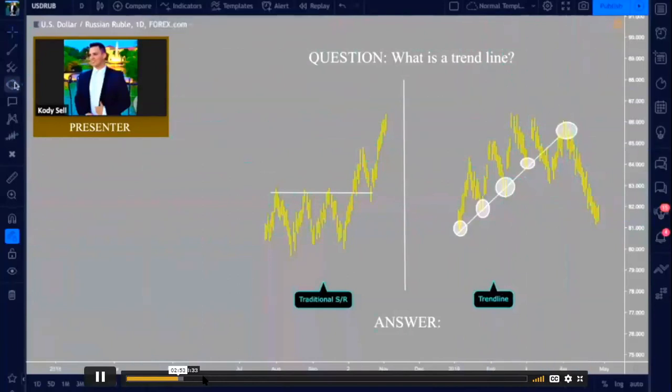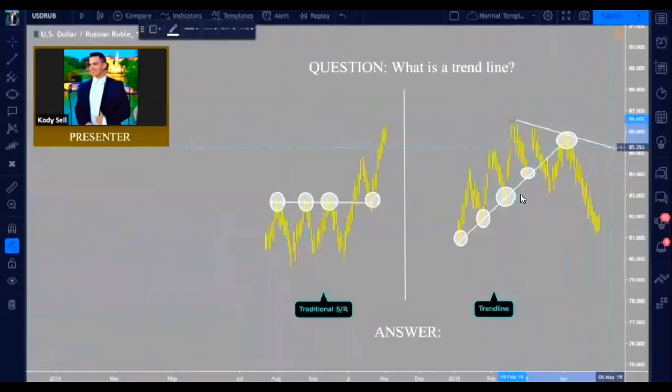Same way that our horizontal level acts with price, acting as resistance and then becoming support. Of course, this works both ways. When price is going down, you have a descending trend line. When price reaches this retest, it will hold as support and price will continue on, just as it did here with the horizontal level.